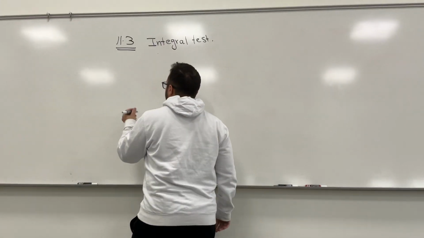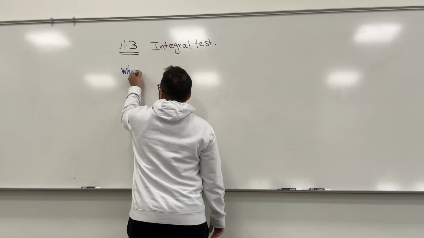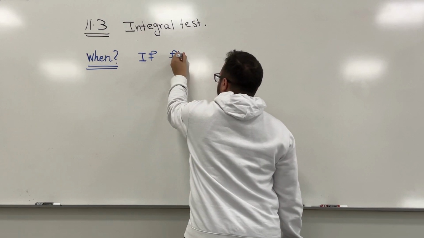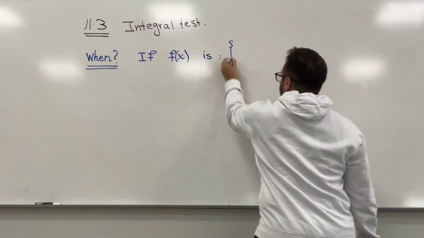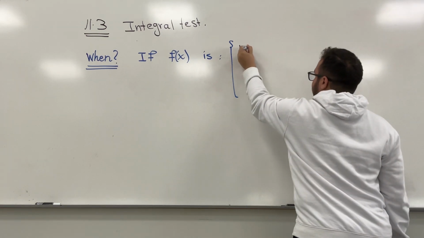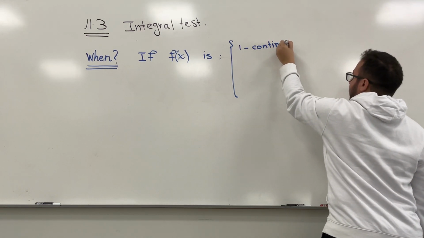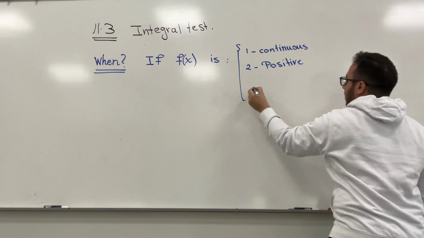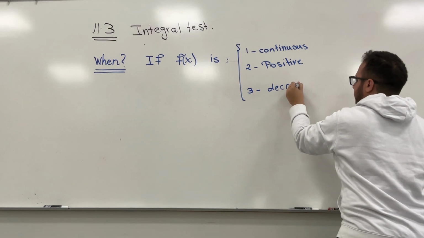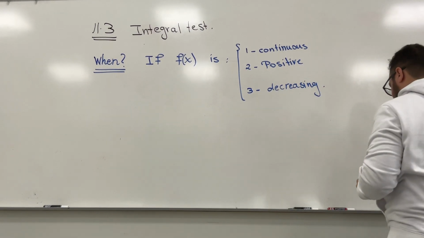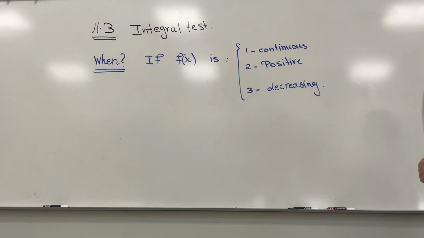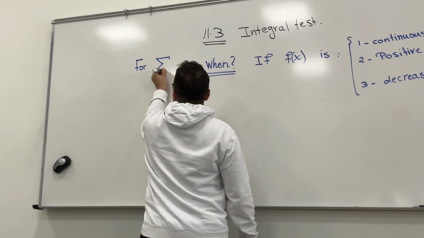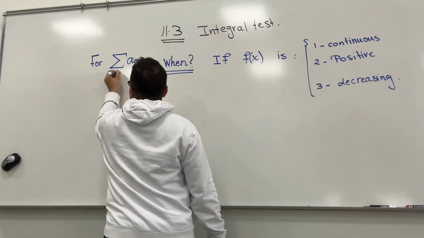Now, I'm going to first answer when do we use it. If a function f of x is continuous, positive, and decreasing, and by f of x, I mean, for any series with n going from 1 to infinity.